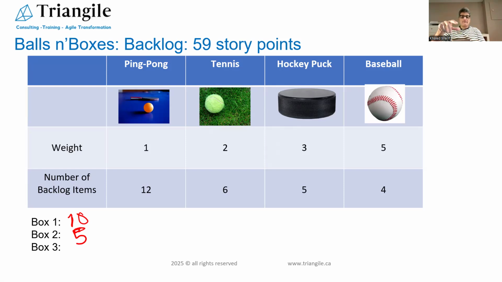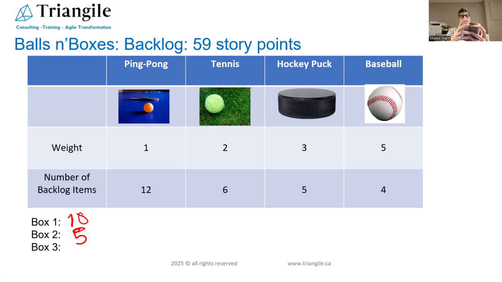So there's three, five, and chances are there's no more room for hockey. So I can start using some table tennis. So five, six, seven, eight. Let's see if it's going to close. Maybe not, so I can just move this one.